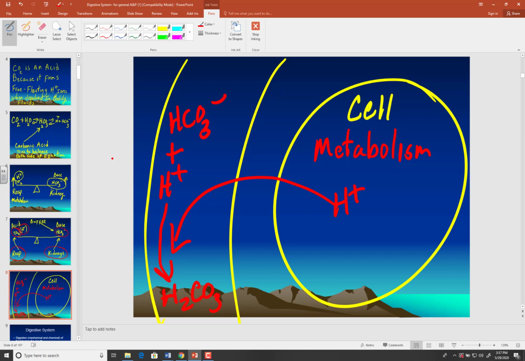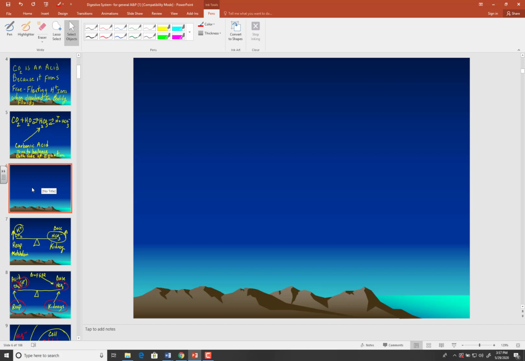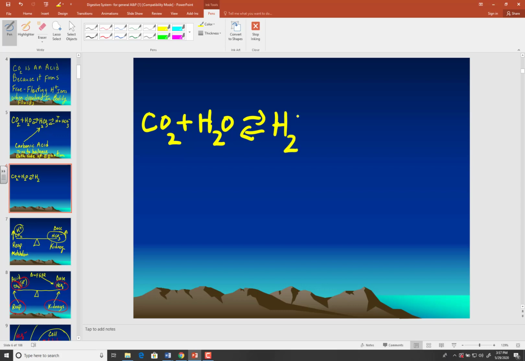Well, let's look at our equation. What's the only thing that affects pH? The only thing that affects pH are free-floating hydrogen ions, right? That's what you need to understand. Who kind of helps balance the equation? Carbonic acid, right?